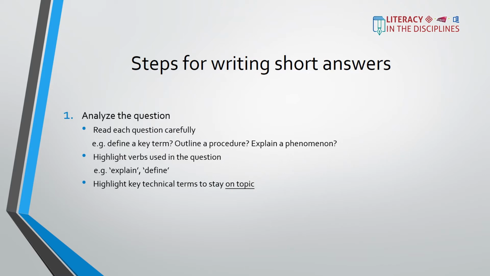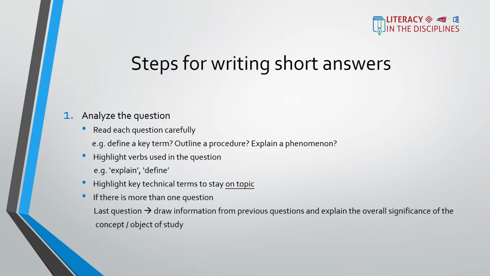Also, highlight the key technical terms to make sure you stay on topic. When there are several questions in an assignment, the last one will usually require you to draw on information from the earlier questions and explain the overall significance of the concept or whatever the object of the study is.